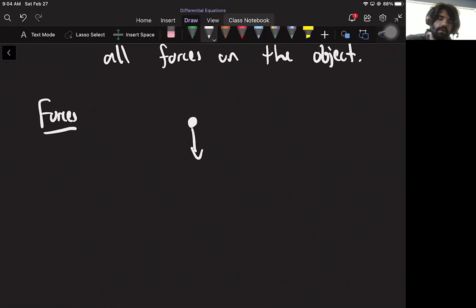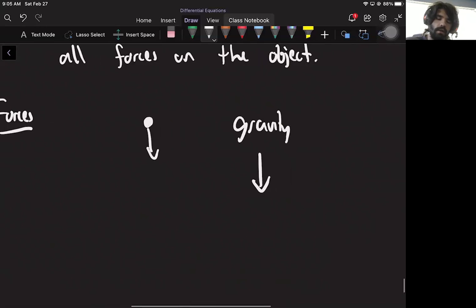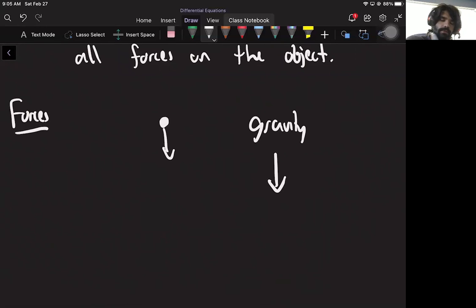Well, there's gravity, which pushes it down. And I'm going to name that force capital F with a subscript grav. And gravity, the force of gravity is just equal to the mass times the gravitational acceleration constant, which is 9.8 or something.